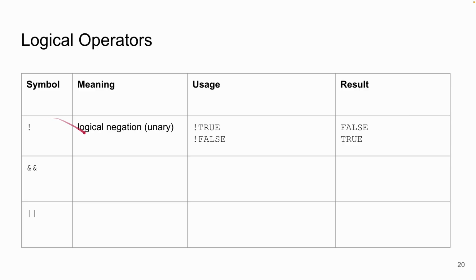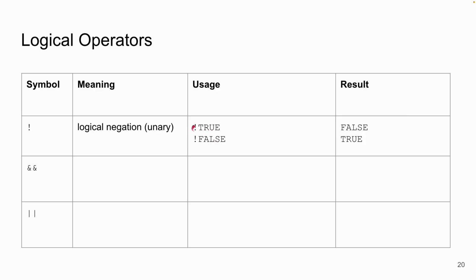The first logical operator is logical negation, and it is a unary operator, so it only has one operand. This is an example of how we can use logical negation.